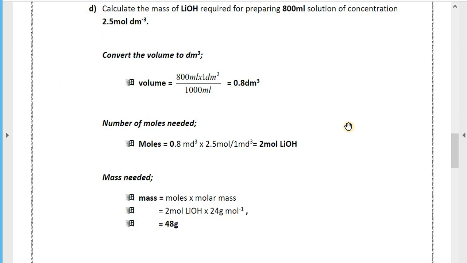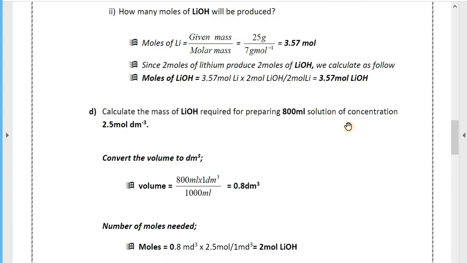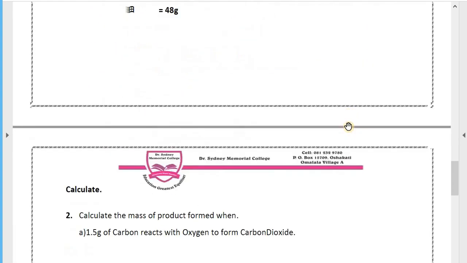Then you are now changing those moles to a mass. And you know that 1 mole of lithium hydroxide is equivalent to 24 grams, so 2 moles is equivalent to 48 grams. That's how you get about calculating the mass of the lithium hydroxide.